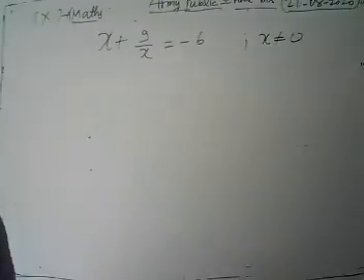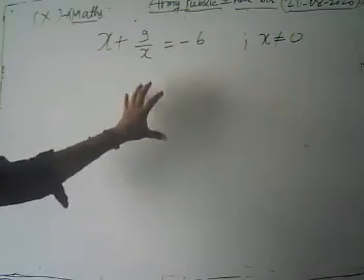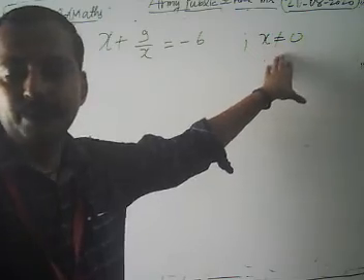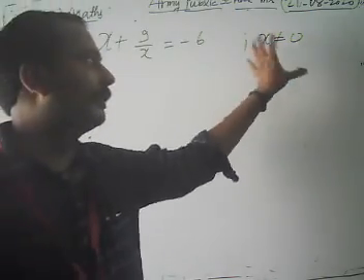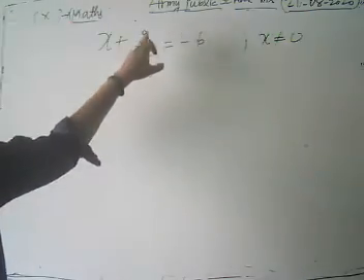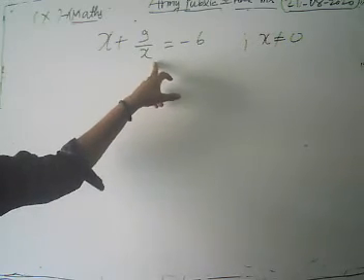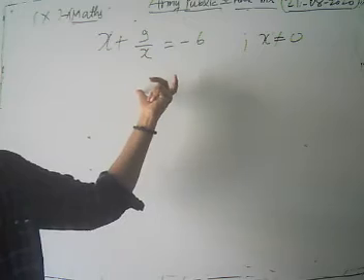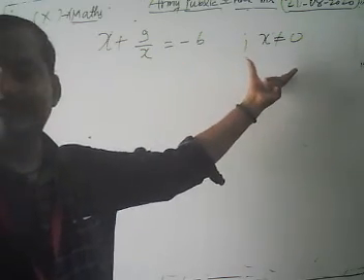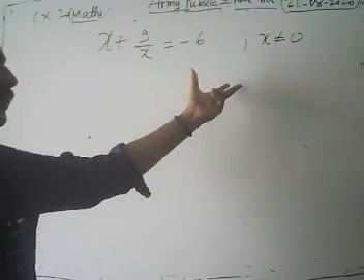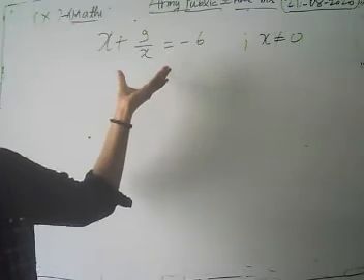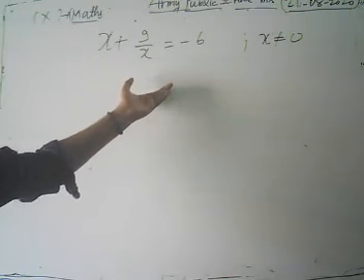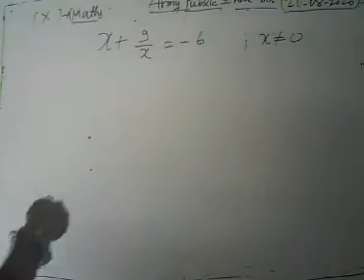The meaning of x not equal to 0 in this question is that 9 by x is a rational expression, and in it the denominator cannot be 0. That's why with this type of question we have the condition that x cannot be 0, because if x is 0, then this whole term is undefined.